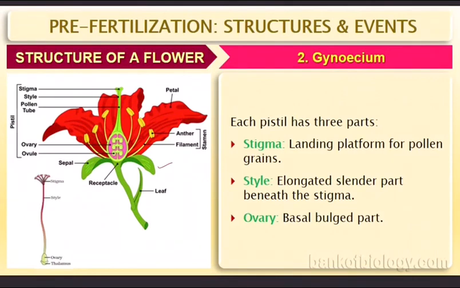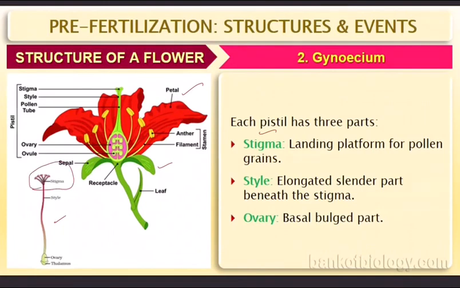Moving ahead with the structure of the flower: as I said, the group of green sepals is the calyx, and the group of colorful, attractive petals is the corolla. Then you have the androecium with the stamens, and the stigma, style, and ovary, which make up the carpel or female gynoecium.